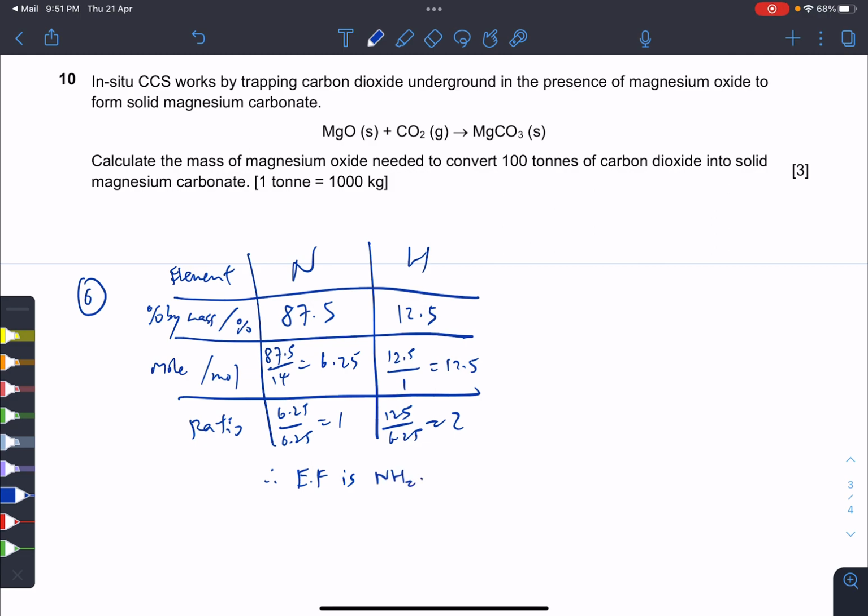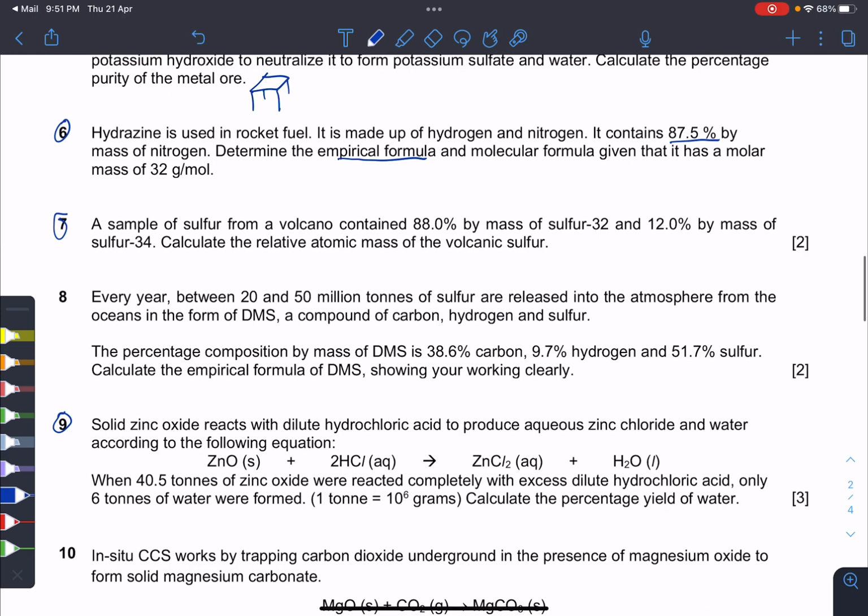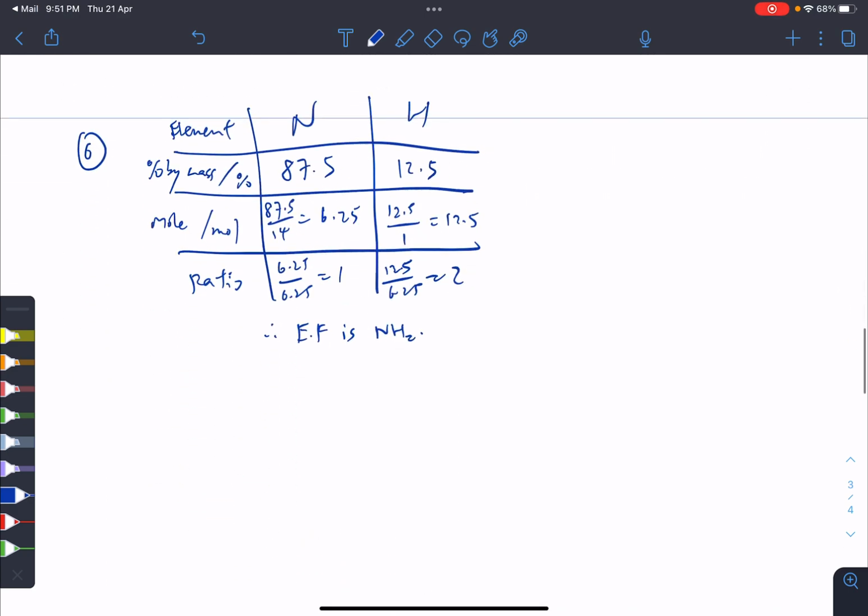Yay! Now they want you to find the molecular formula. Given that the molar mass is 32, it's telling you that this is the real mass. So they tell you that the real mass is 32, so it's probably a multiple of this. Then I figure out how heavy this thing is.